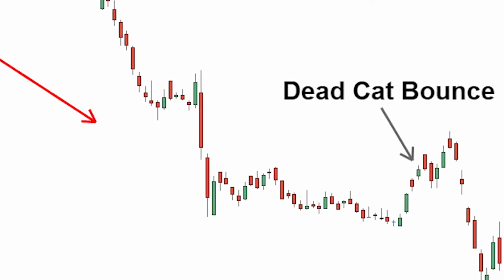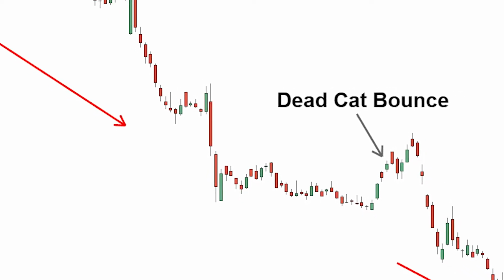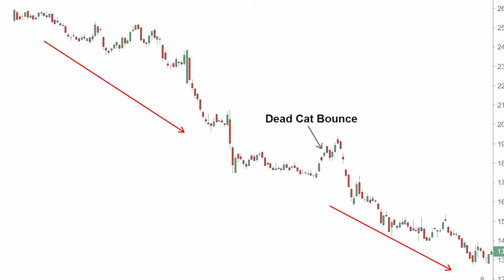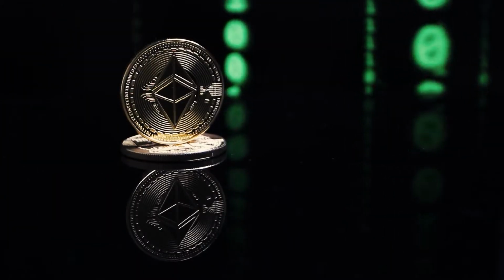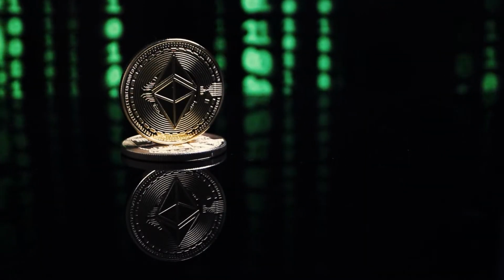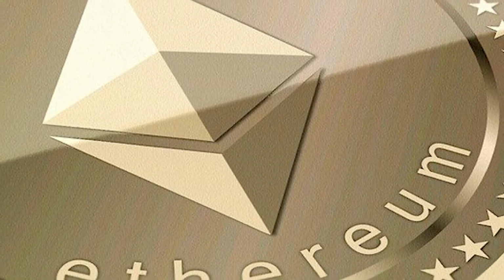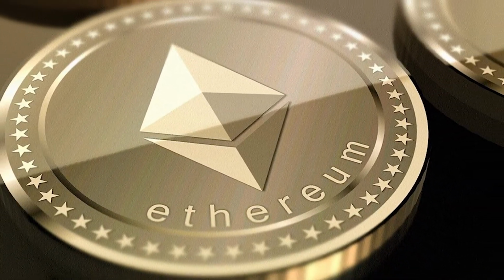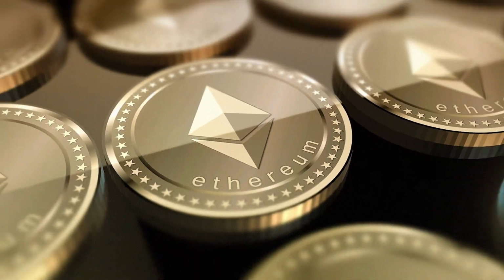What does a bull trap mean in the crypto market? Also referred to as a dead cat bounce, bull traps are often seen in crypto due to speedy recoveries. In crypto, bull traps work as they do in any other market. For example, if the value of an altcoin has been rising steadily over the past few days, you may believe it will still rise.